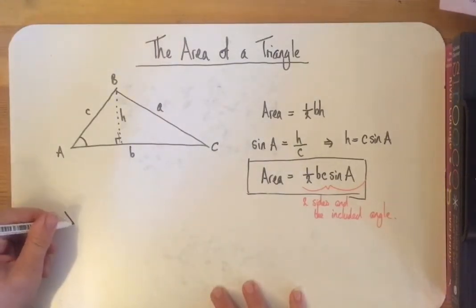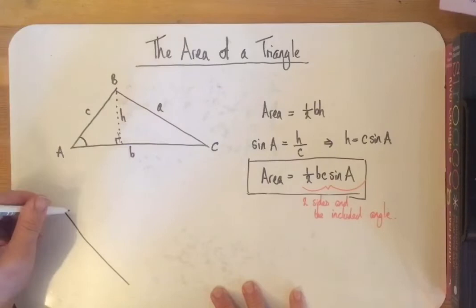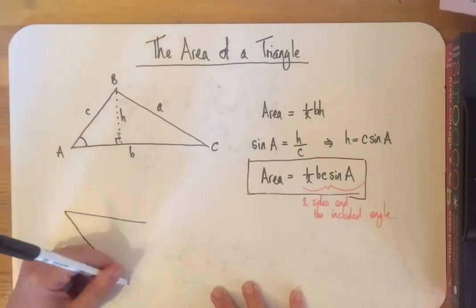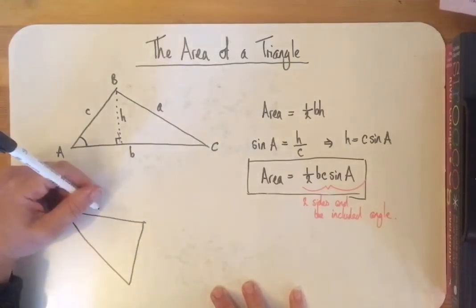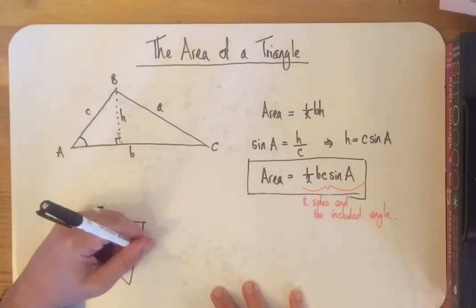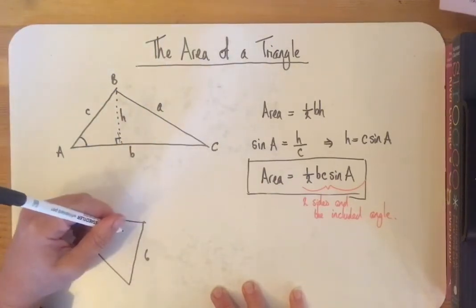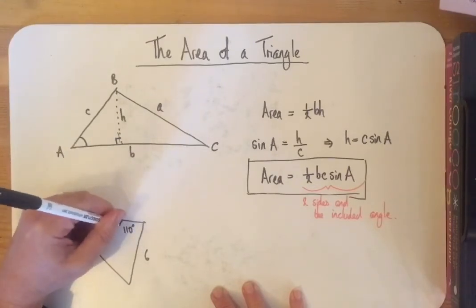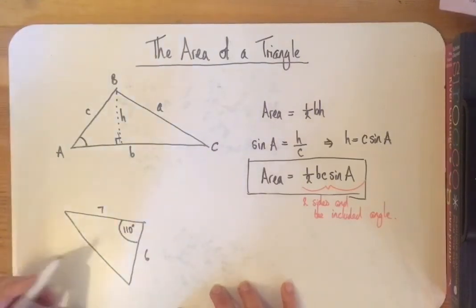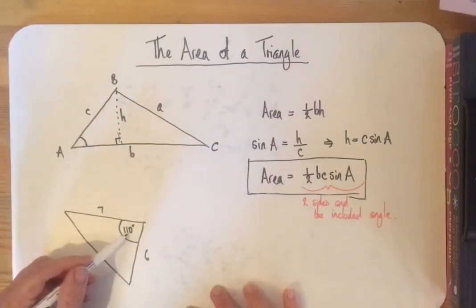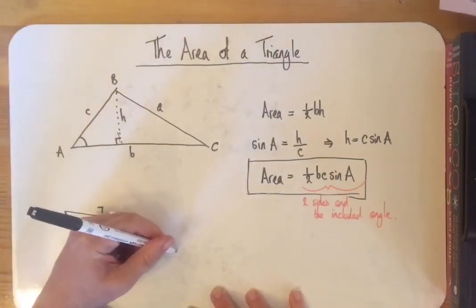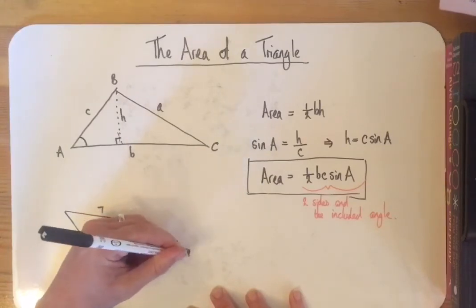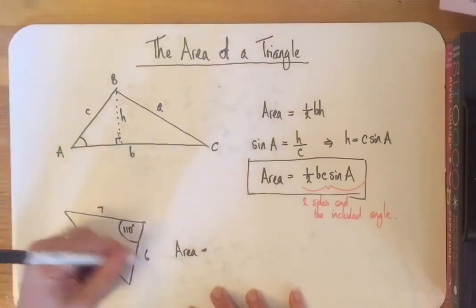And so, for example, a triangle with sides 7 and 6. So there we have a triangle with two sides, included angle. And so to find the area, again, it doesn't matter which way round you put the two sides in.